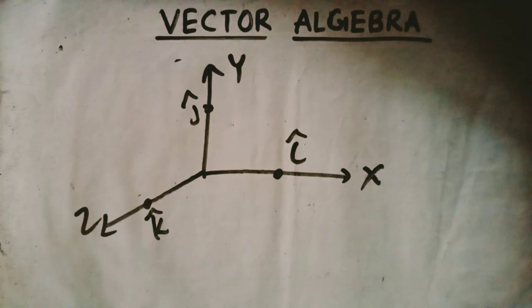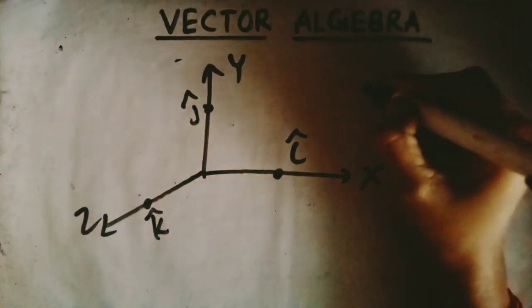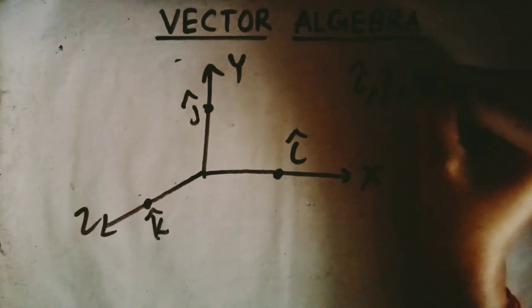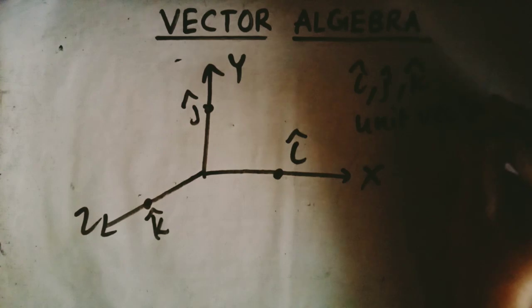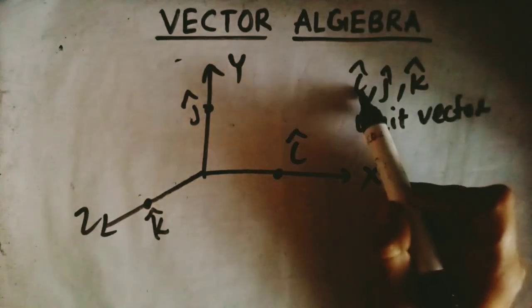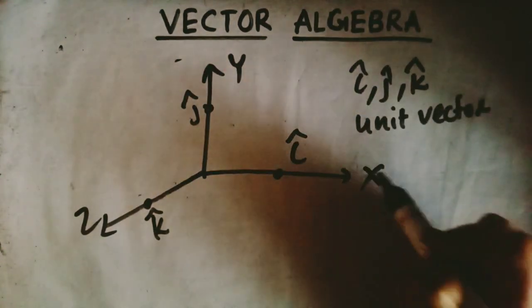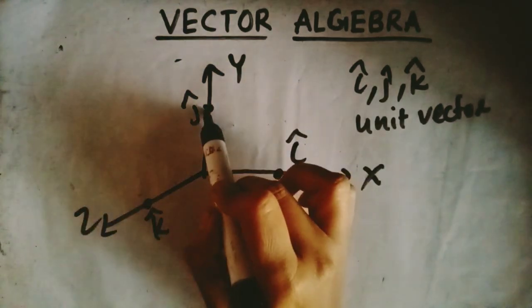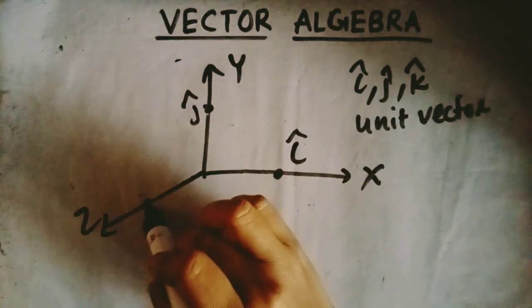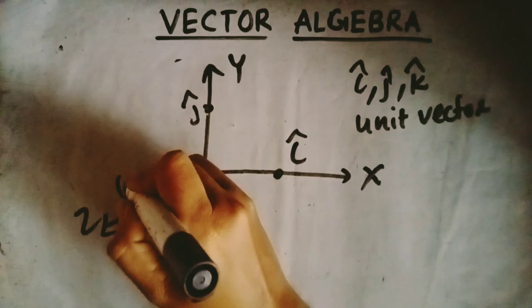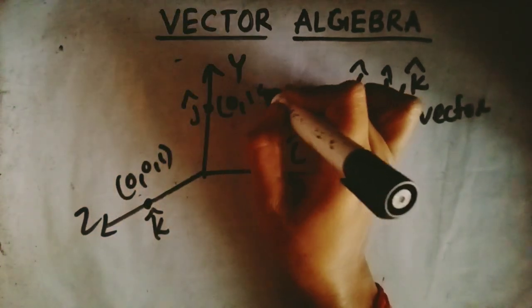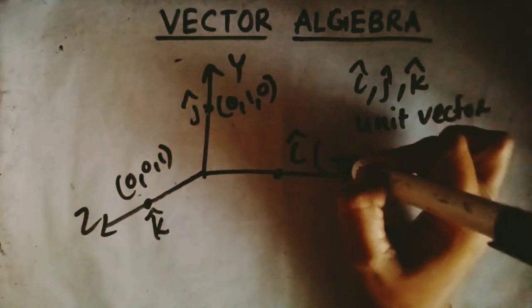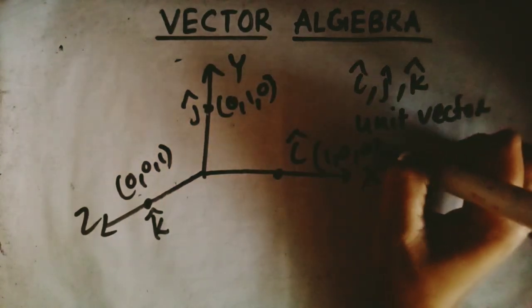These i, j, k are the unit vectors. So i is a unit vector along x direction, j along y and k along z. So this is given by 1, 0, 0, 0, 1, 0 and 0, 0, 1.